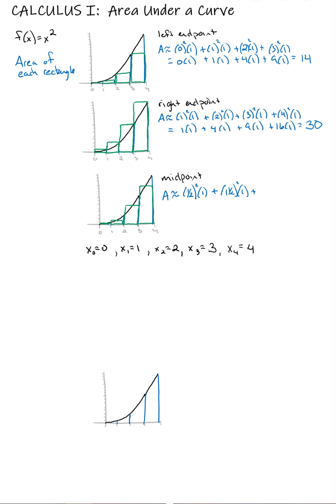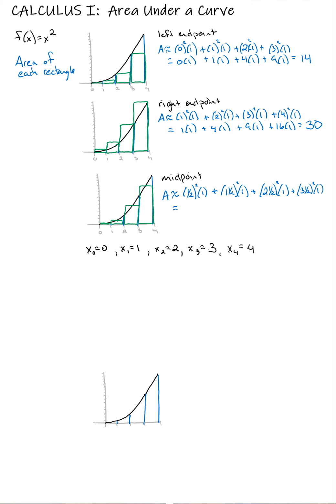The next one, halfway between 2 and 3, gives me the height of those rectangles. So that would be 2.5. To find the height, though, of course, we square that, and the width is 1. And finally, the last one, halfway between 3 and 4, gives us 3.5. That tells us the height. We square that, and then the width is 1.